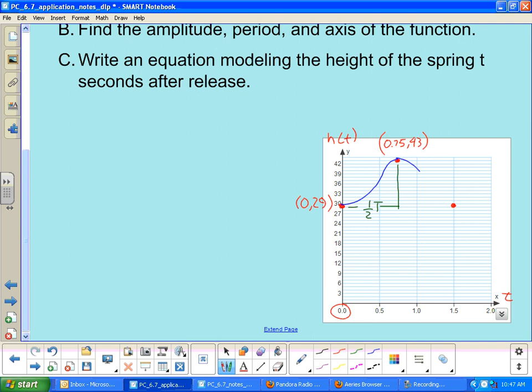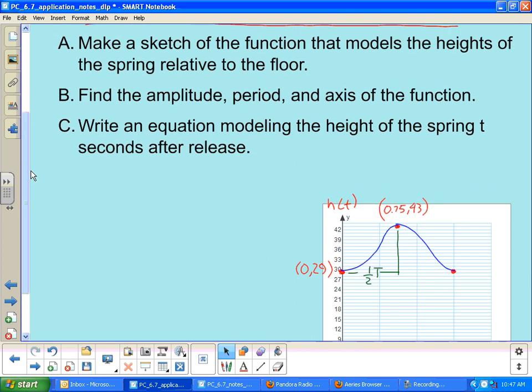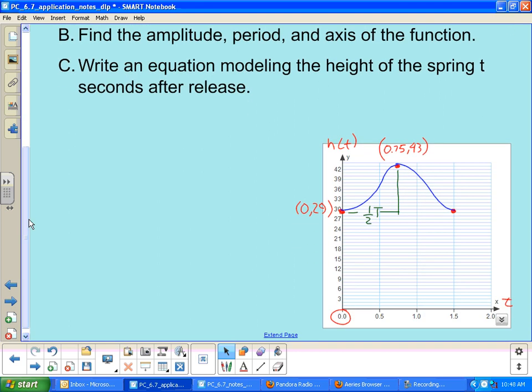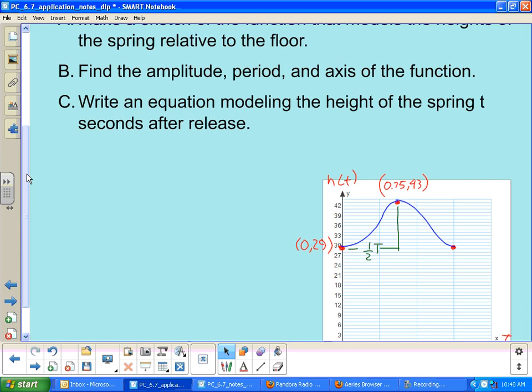So there's part A, graphing it. And now we go find all of the parts here. So find the amplitude, the period, the axis of the function. Again, that's your A, your T, which helps you find B, and then the D part of this is what that's asking us for. So let's go do that. Let's talk about period first.